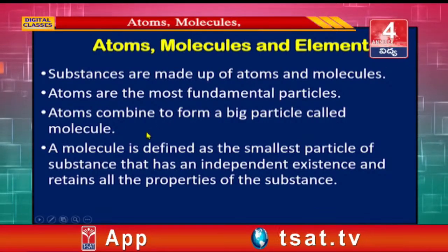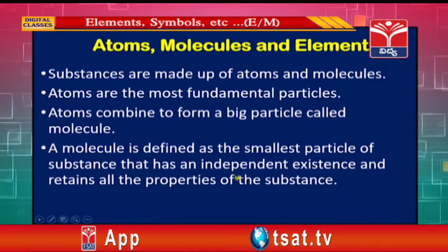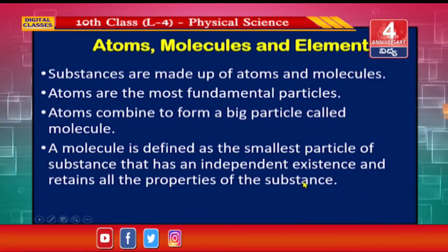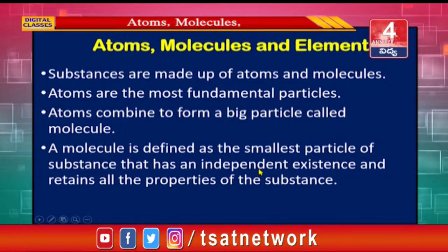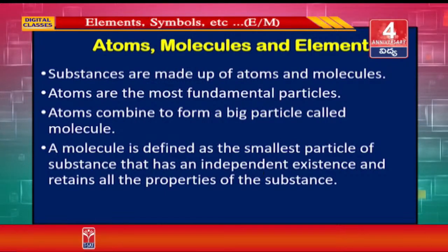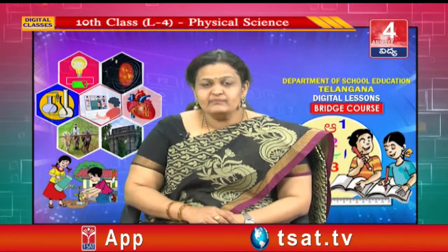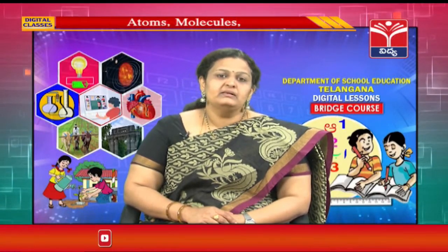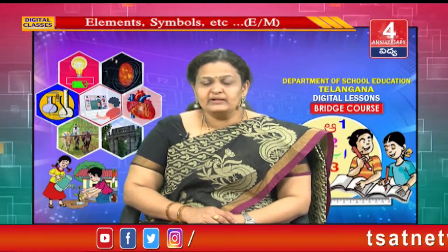Okay, children? A molecule is defined as the smallest particle of a substance that has an independent existence and retains all the properties of the substance. So suppose, children, we are talking about carbon dioxide gas. If we are talking about carbon dioxide gas, then every constituent particle in the gas is a molecule of carbon dioxide. Are you able to understand, children?